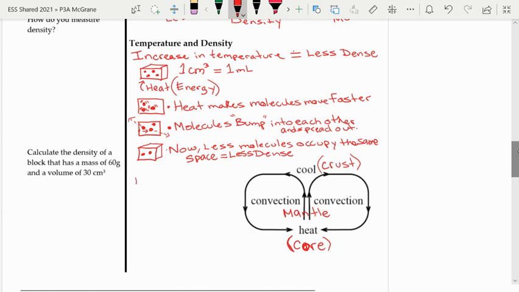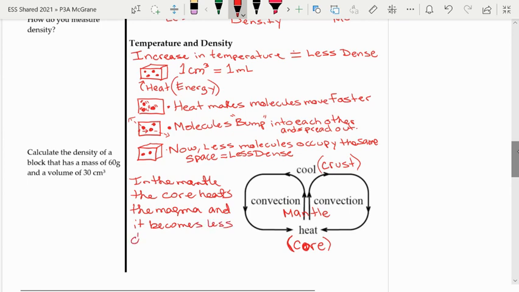So in the mantle, don't stop, you got to get this done. In the mantle, the core heats the magma and it becomes less dense and rises up.